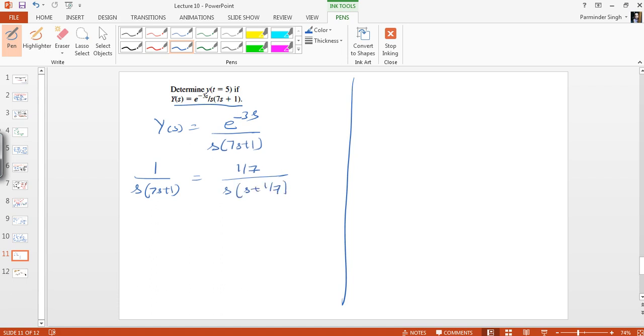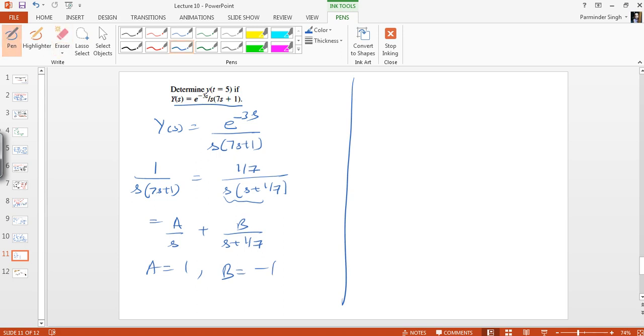Let's try to find the Laplace inverse of this. So this can be written as A over s plus B over (s plus 1 by 7). Solving this, you can calculate the values of A and B. A comes out to be 1, B comes out to be minus 1.